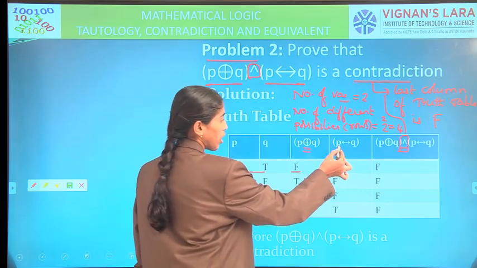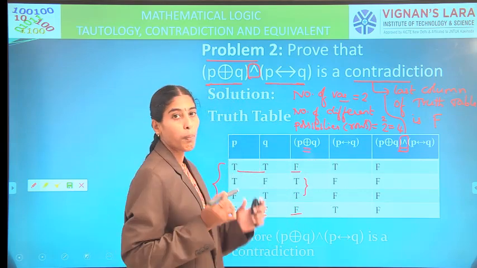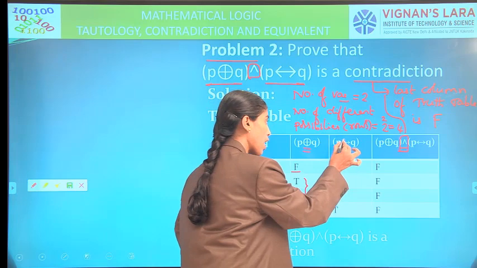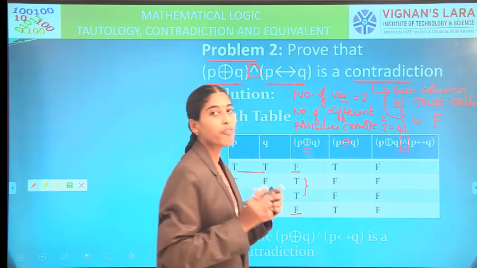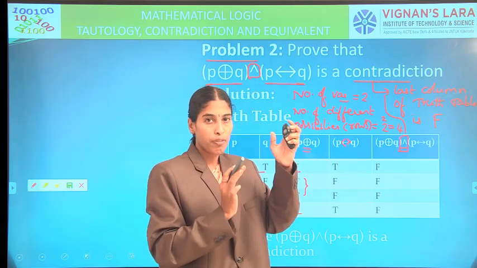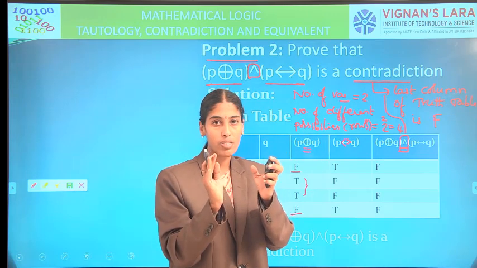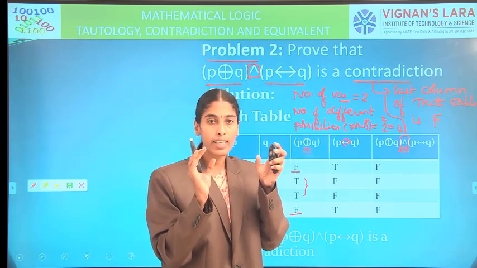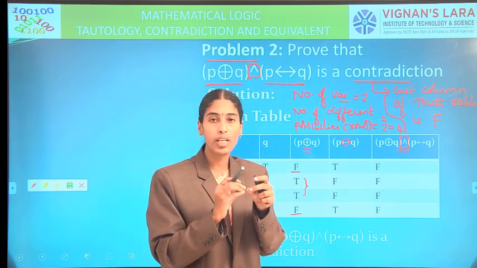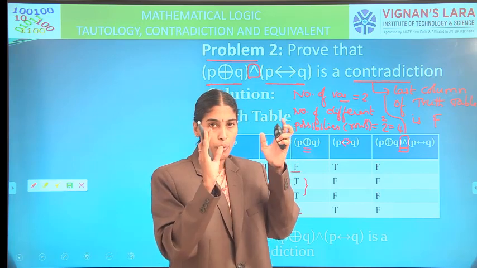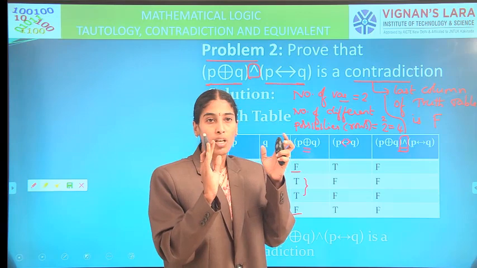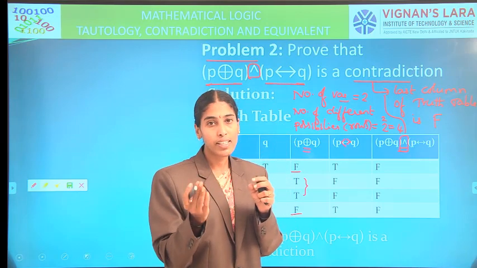Now P biconditional Q. Biconditional. Here we have two arrows. The meaning of two arrows is if one is true, the other one is true. If one is false, the other one is false. If both have identical truth values, then only the result is true. If both have different truth values, then the result is false.